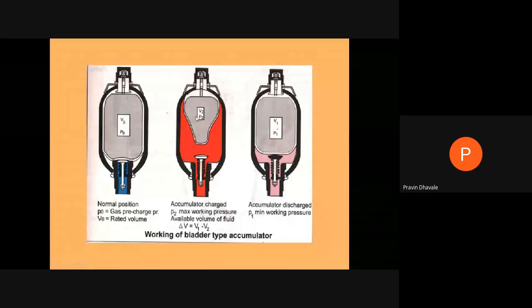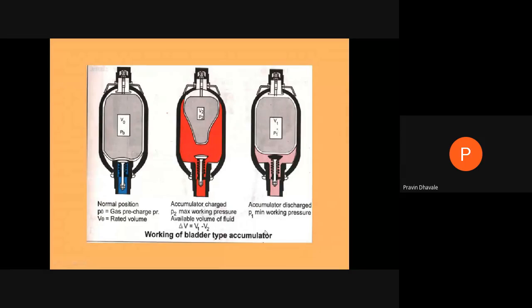The gas within the bladder is compressed, so the pressure and volume within the bladder change from P0 to P2 and from V0 to V2. At this point the pressure of the gas is the maximum, P2, and the available volume of the fluid is the difference between V1 and V2. Before that, we have to know what V1 is, right?